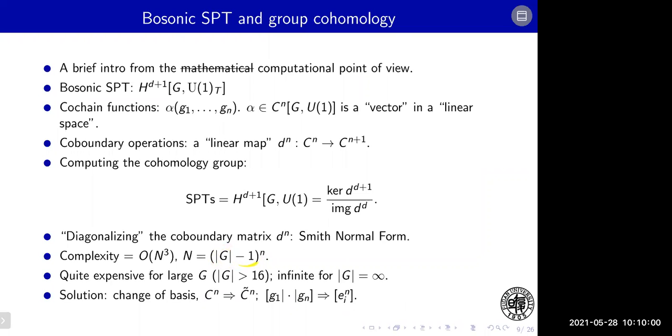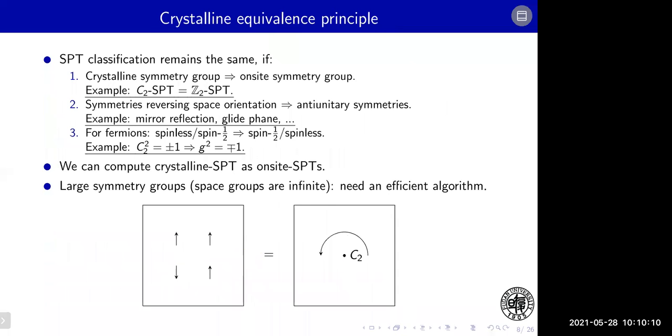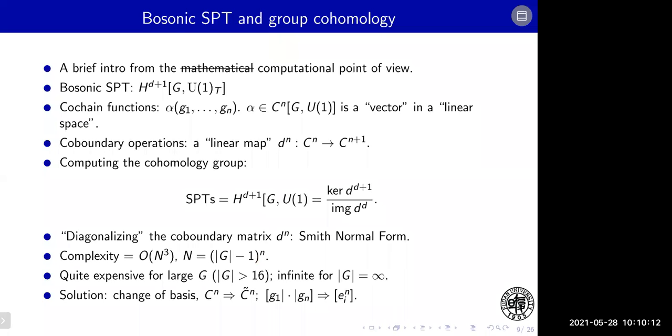Here, there are technical details that you can subtract 1, but basically to estimate the computational cost for large symmetry groups, you can basically ignore this. So this algorithm is very expensive if the symmetry group has many elements. And in particular, for space groups that contain an infinite number of elements, this algorithm is not going to work.